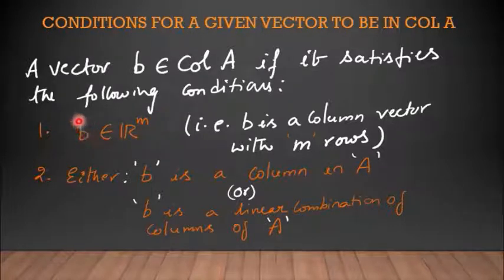That is, this vector b should be a column vector with m number of rows. Second one, either b is a column in A or b is a linear combination of columns of A. So this vector b, either it should be one of the columns in A or it is a linear combination of the columns of A.